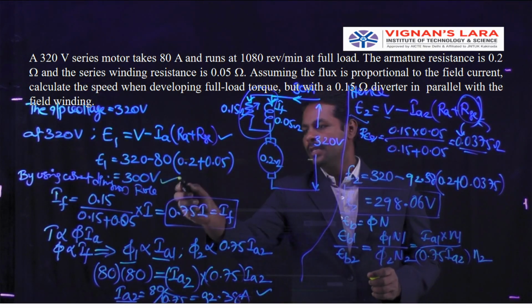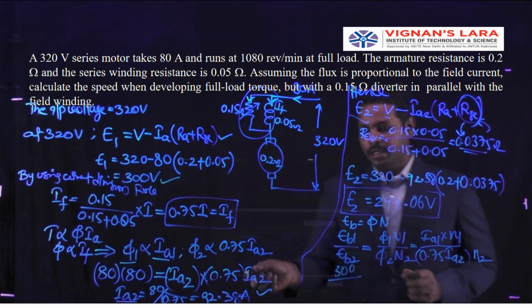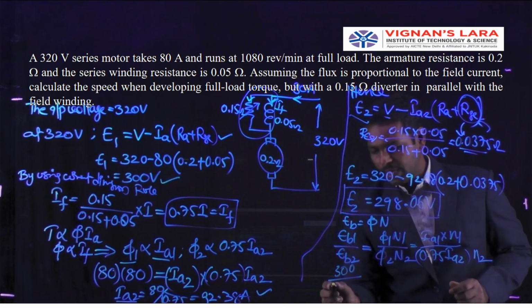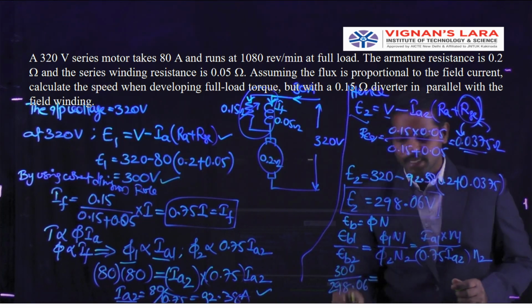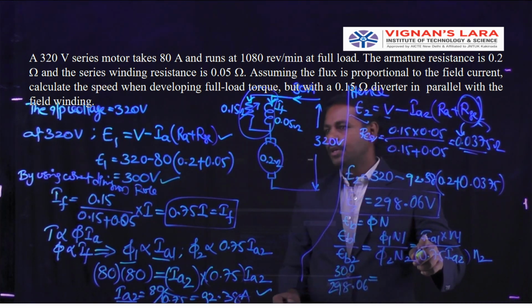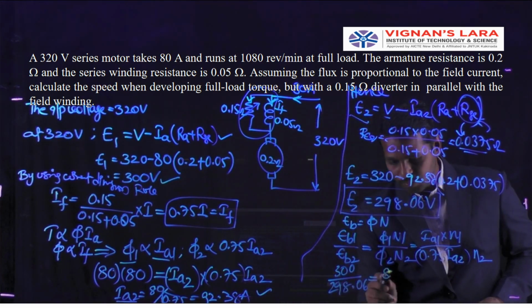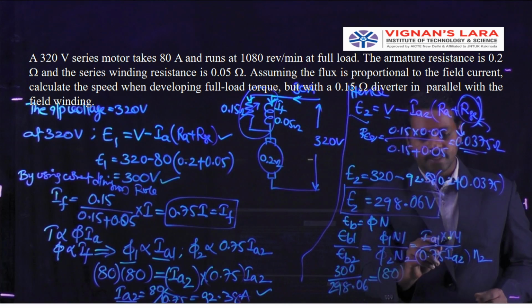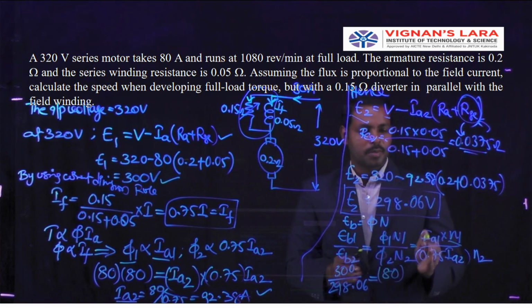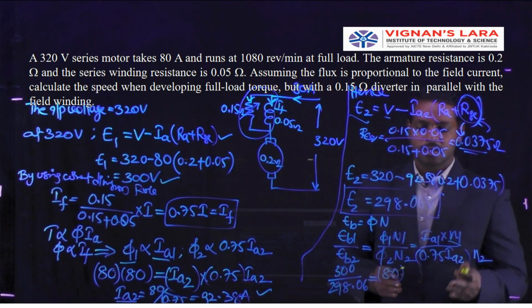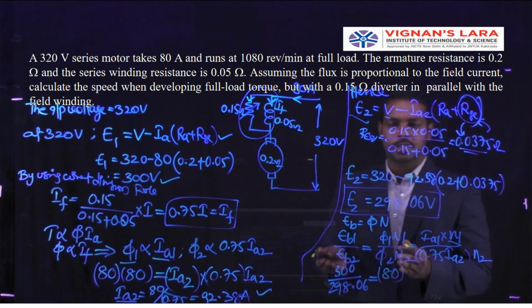We know the values of EB1 and EB2. EB1 is equal to 300, divided by EB2, 298.06, is equal to Ia1, which is 80 amperes, multiplied with N1. Capital N1 is the revolutions per minute, but in this case small n1, divided by 60 because of revolutions per second.